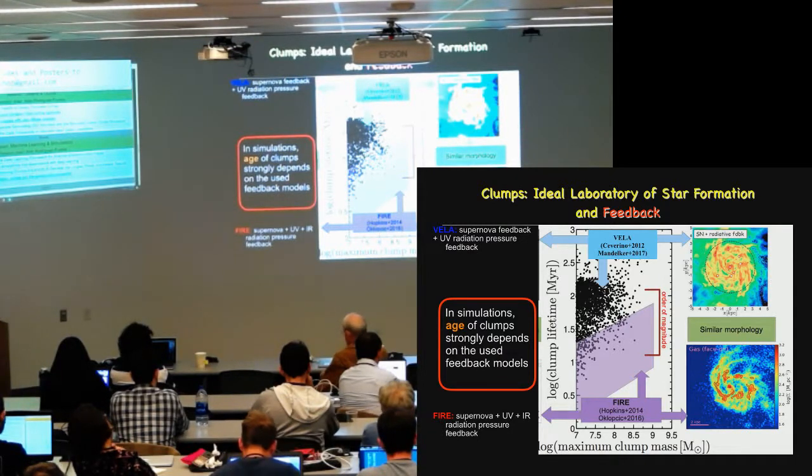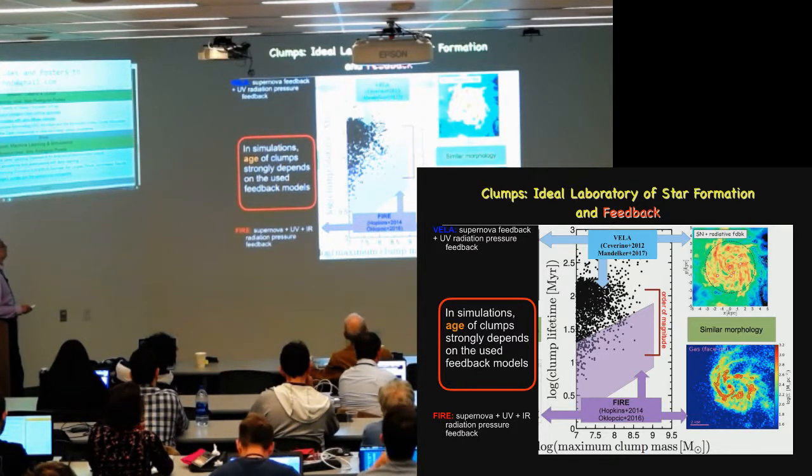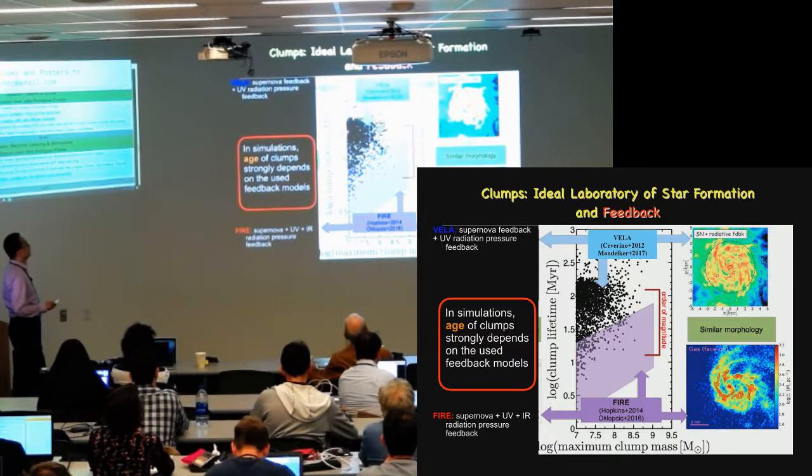But if you look at the clumps detected in this one, the age difference of the two populations of clumps is huge. FIRE galaxies have clump ages around 10 million years, not more than 30 or 50 million years. But if you look at the clumps from VELA, the age is about 100 million years, and even 300 million years.